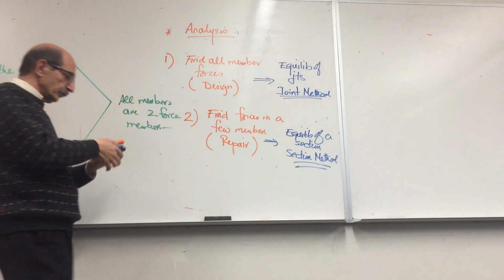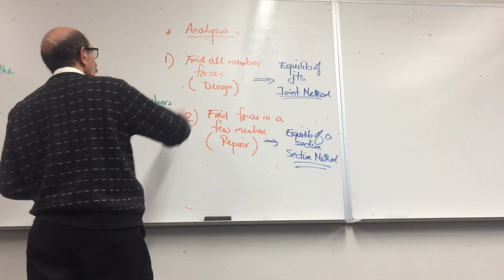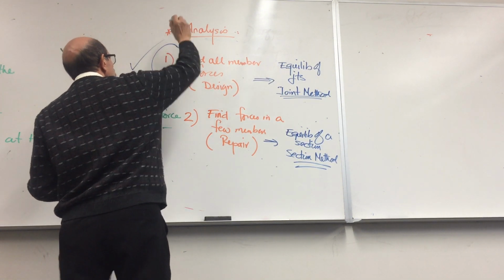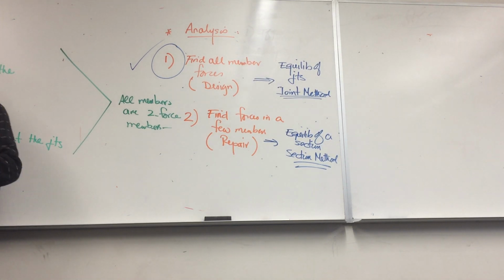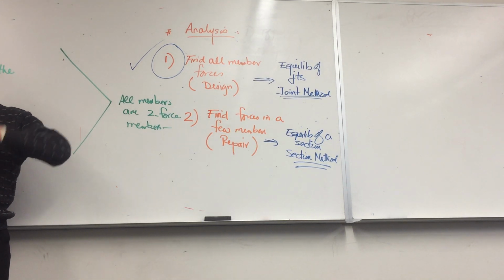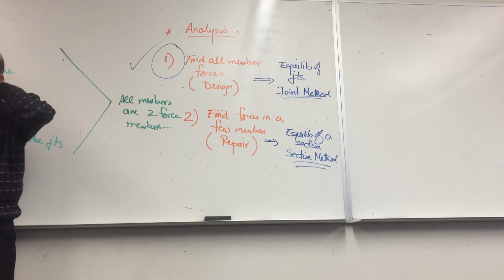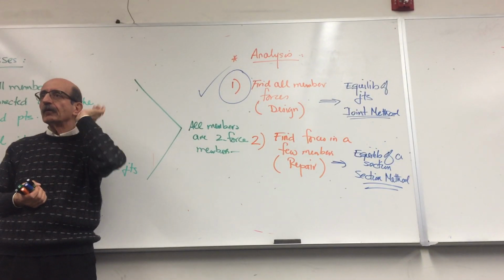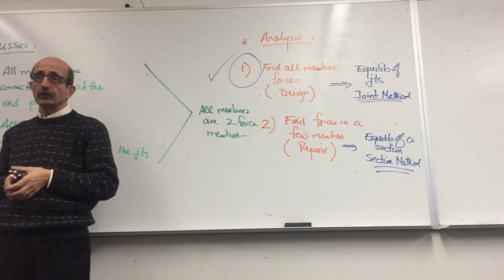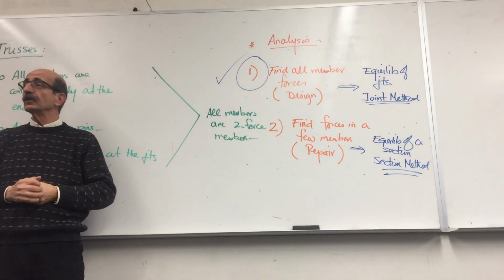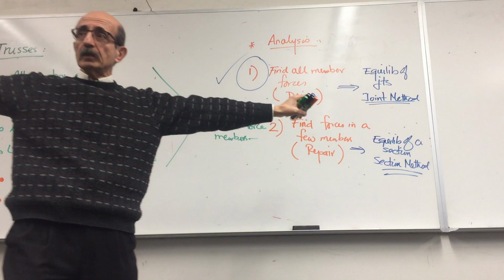In the method of joints, which is the first analysis of trusses that we want to cover, instead of looking at the free body diagram of members, we look at the free body diagram of every single joint in a truss. So in a sense, we are also taking the truss apart.